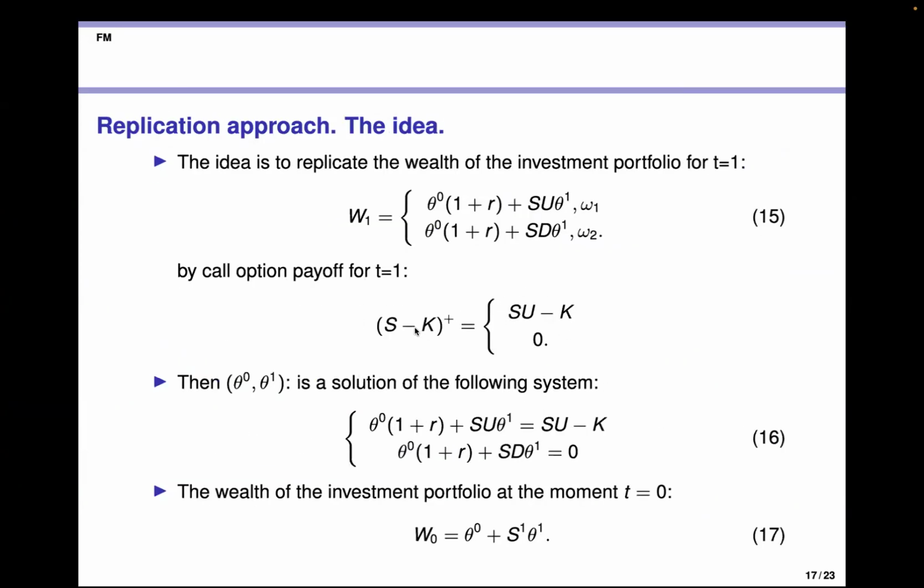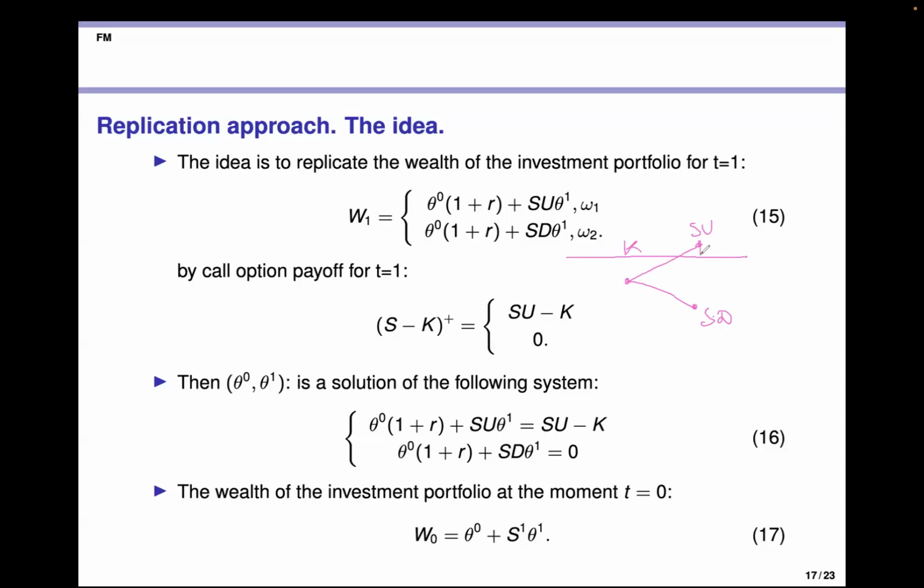Okay, so the payoff for call option is the difference between the market price at this moment, which in this example is S multiplied by U or S multiplied by D, and the strike price K. We win if the market price is more than the strike price.